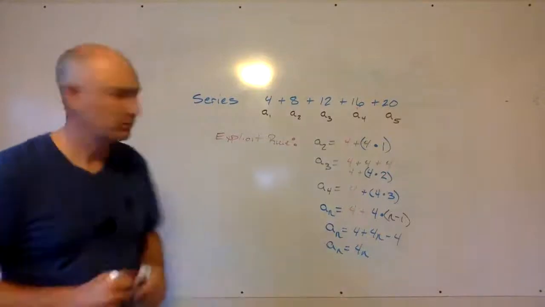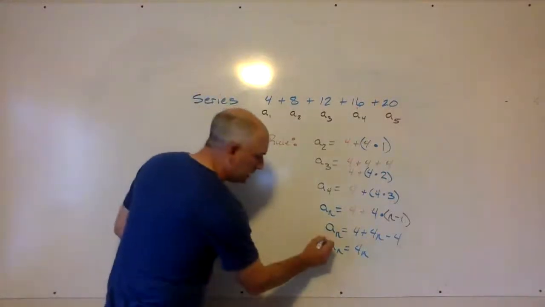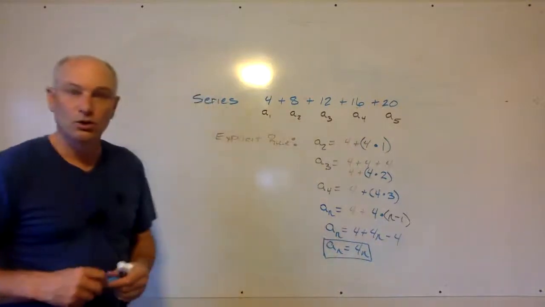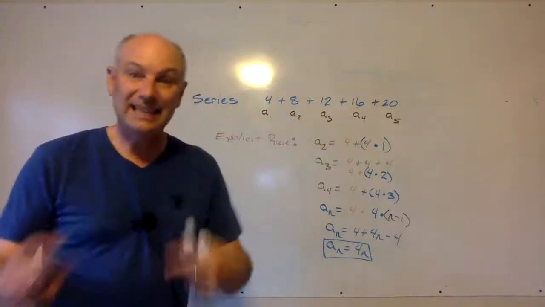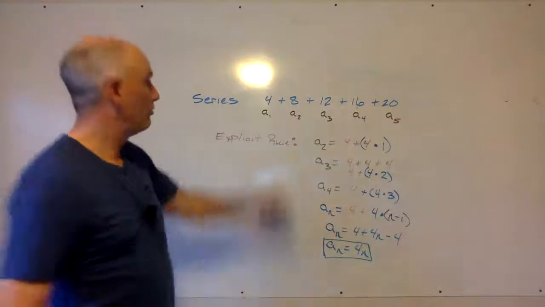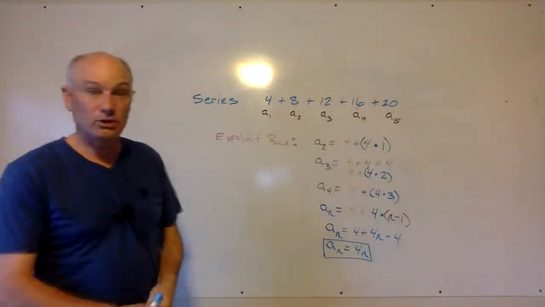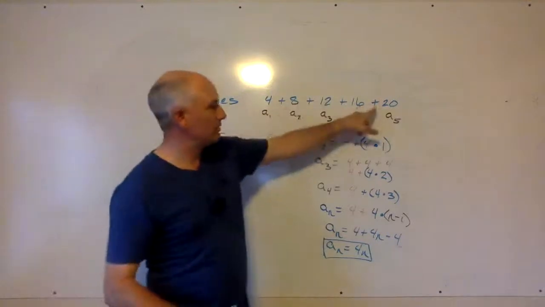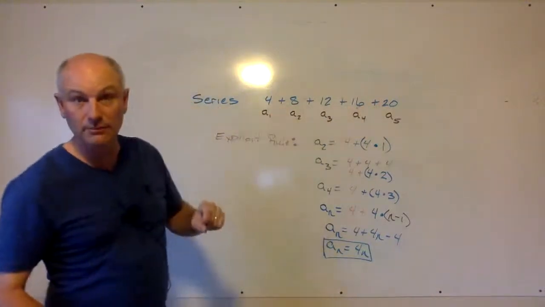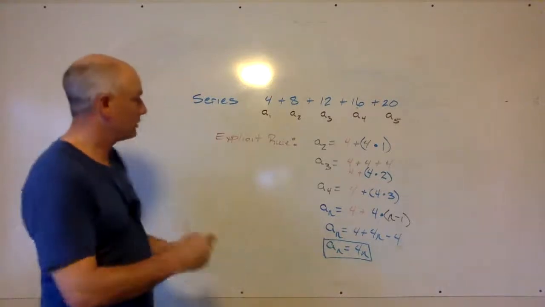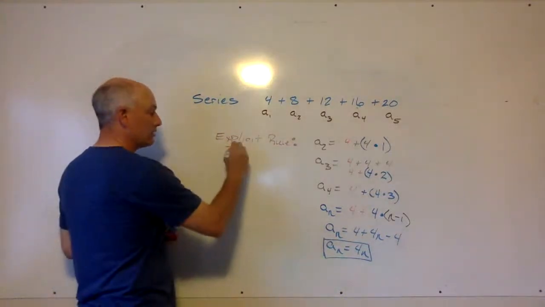Works perfect. But what we need in order to write what we're going to call a summation, we're going to need the explicit rule for the terms of the sequence. Okay? So even though this is written as a series with all the little additions in here, we still need the explicit rule for the terms of the sequence.